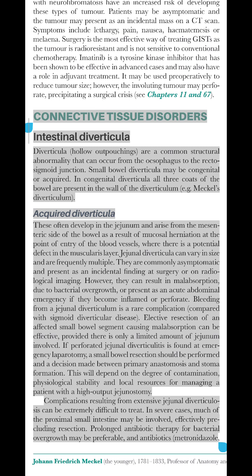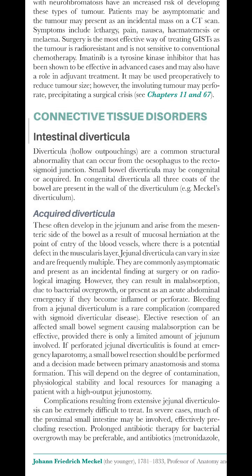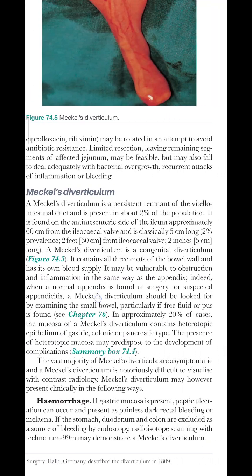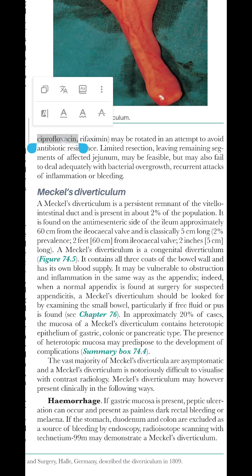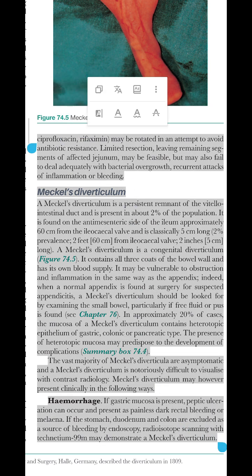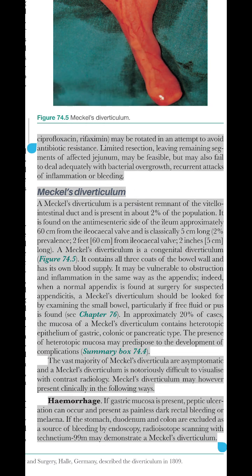Prolonged antibiotic therapy for bacterial overgrowth may be preferable, and antibiotics, ciprofloxacin, rifaximin, may be rotated in an attempt to avoid antibiotic resistance. Limited resection, leaving remaining segments of affected jejunum, may be feasible, but may also fail to deal adequately with bacterial overgrowth, recurrent attacks of inflammation or bleeding.